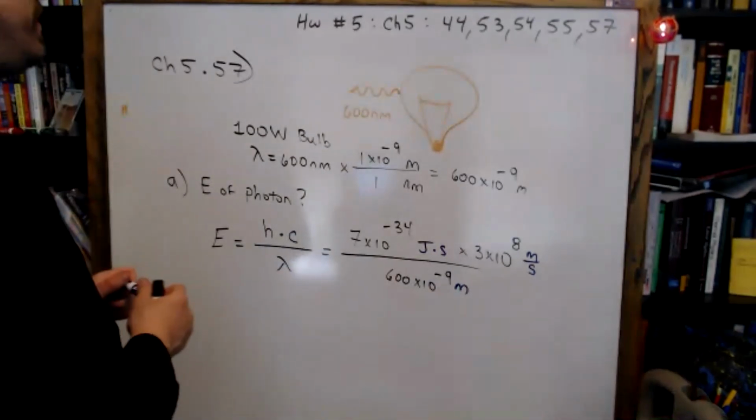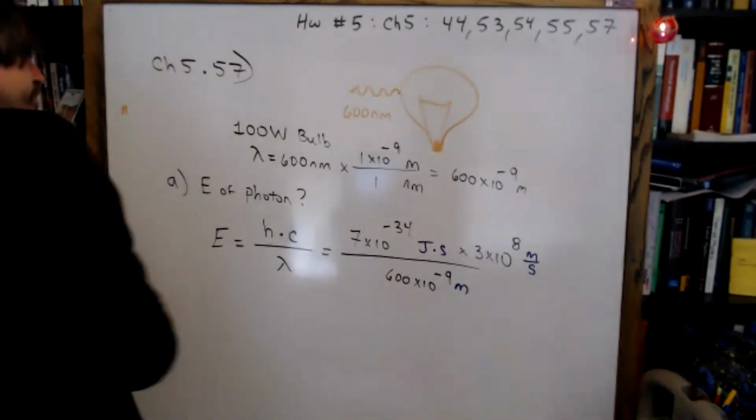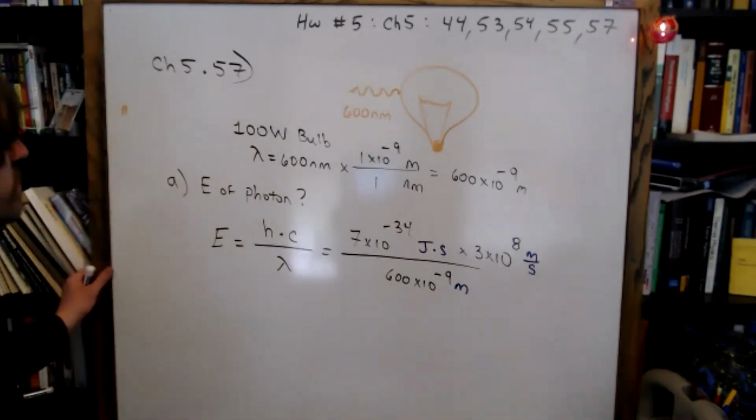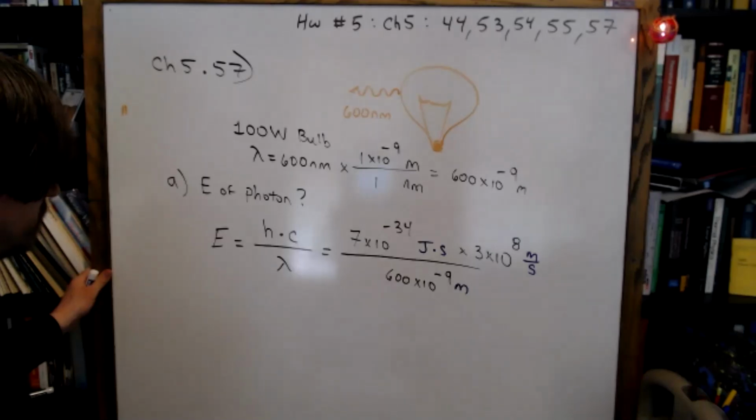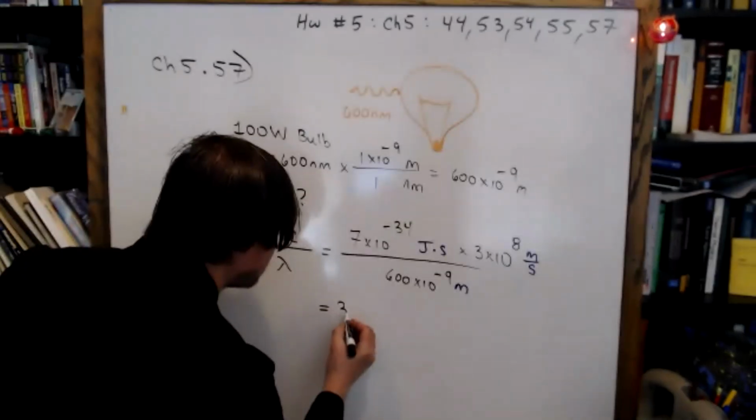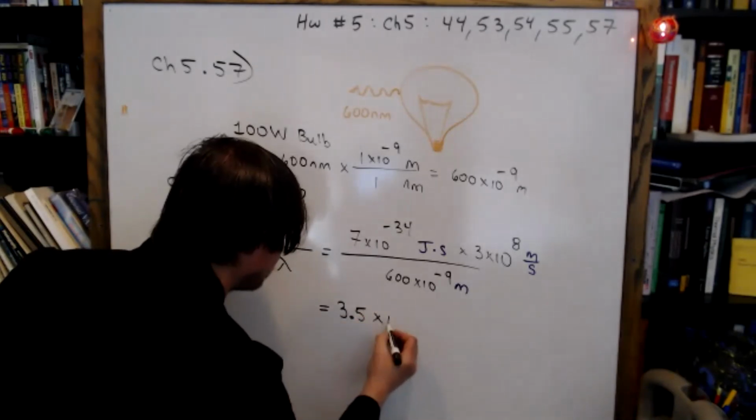All right? Punch them up. 3.5 times 10 to the negative 19 power.